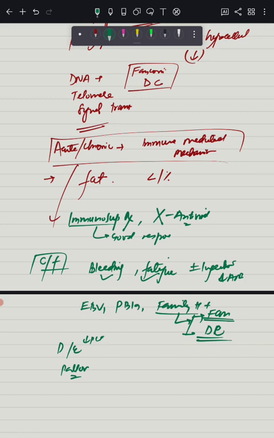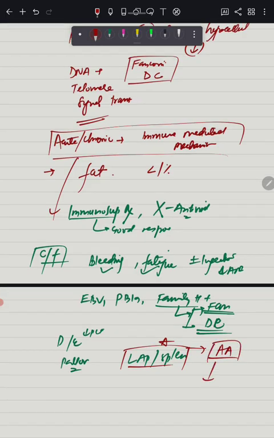Note that lymphadenopathy or splenomegaly is an important point. Lymphadenopathy and splenomegaly are not common. If they occur, it challenges the diagnosis of aplastic anemia, so you have to find an alternative cause.